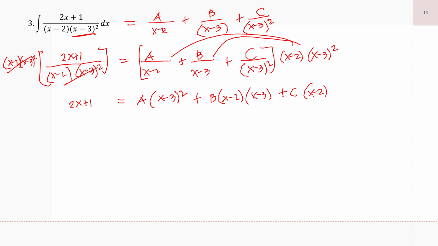Next we are going to expand. So expand this one: a times x squared minus 6x plus 9, plus b times x squared minus 3x minus 2x plus 6, then plus cx minus 2c.